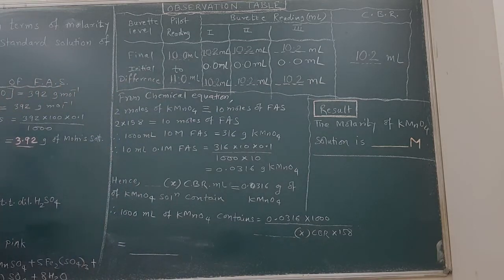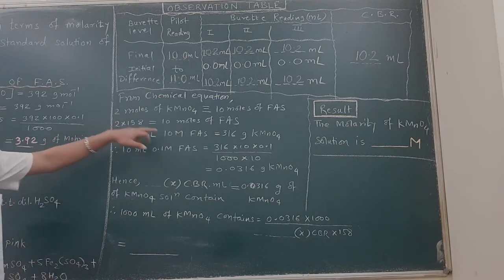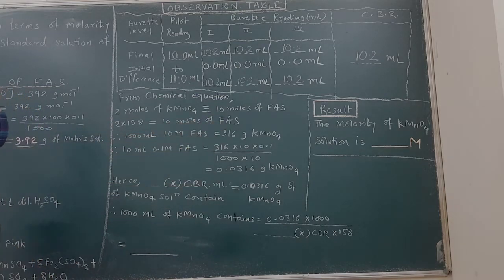Now just see the calculation part. If you see the chemical equation for this particular redox titration, 2 moles of KMnO4 reacts with 10 moles of ferrous ammonium sulfate and 8 moles of sulfuric acid to form potassium sulfate, manganese sulfate, 5 moles of Fe2(SO4)3 and 10 moles of ammonium sulfate plus 8 moles of H2O.